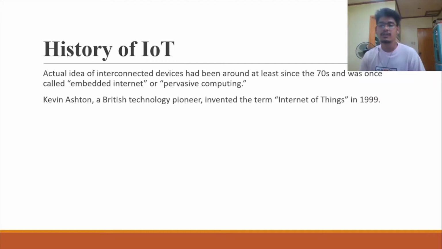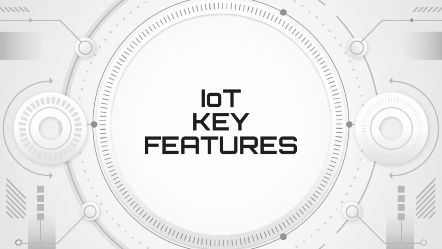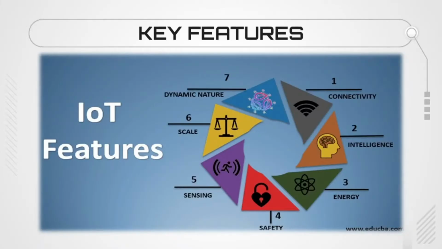Ashton was working on supply chain management optimization and wanted to attract the attention of his senior management to a new technology at the time called RFID. Due to the internet being the hottest new trend, it made sense for him to call his presentation Internet of Things.